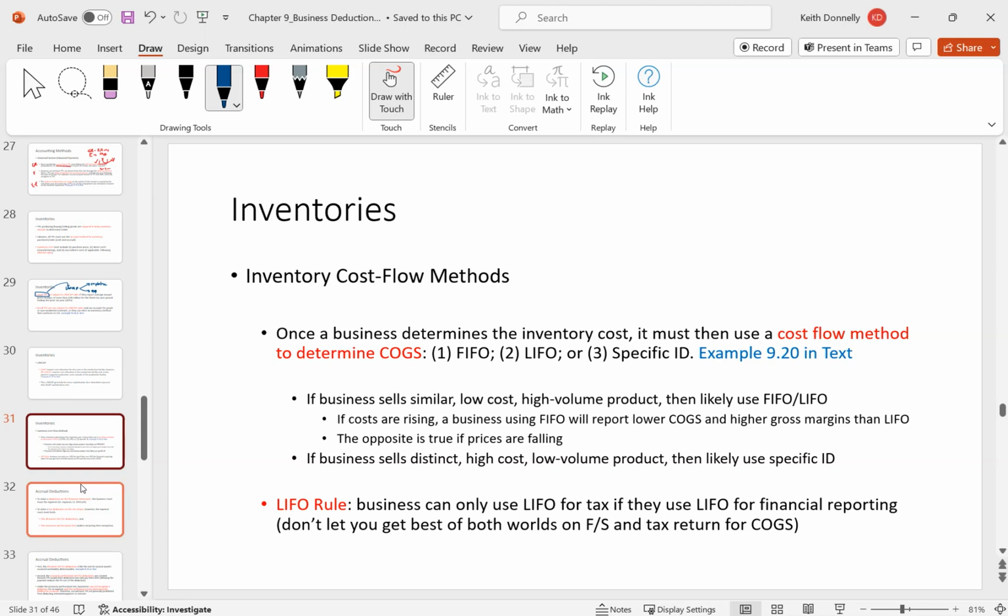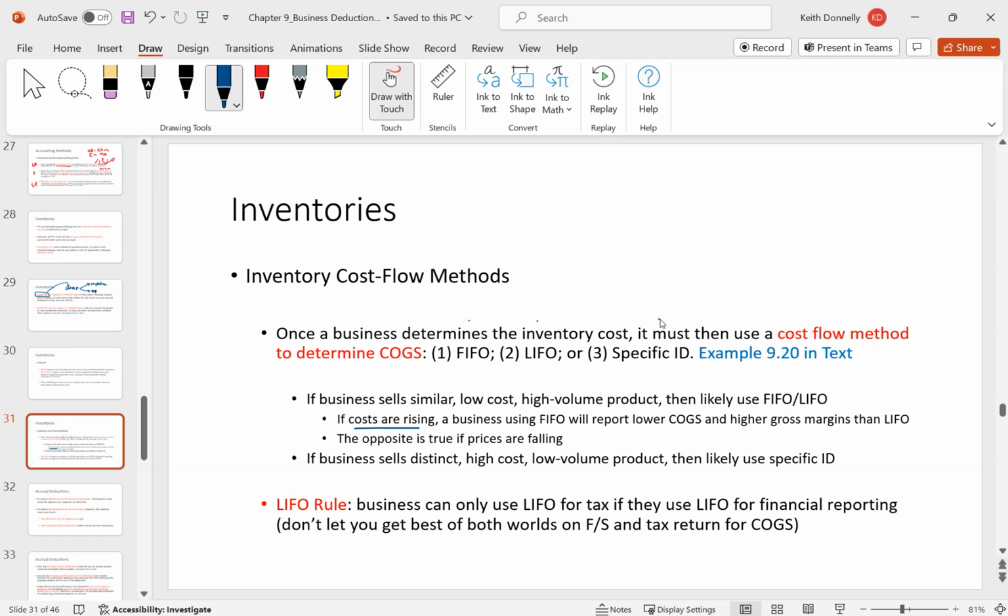Likewise, be aware that on the tax return there are options for FIFO, LIFO, and specific ID. Throwback to your financial accounting days: if costs are rising or costs are falling, you can pick which one would make the most sense. I'm not going to give you some giant problem on the exam for FIFO, LIFO, and specific ID.